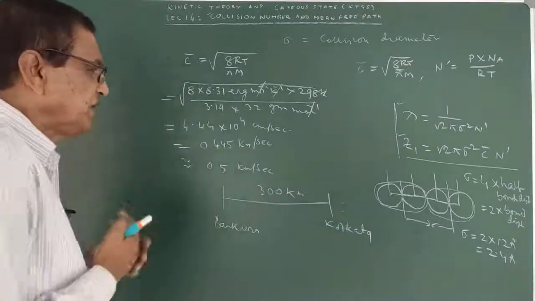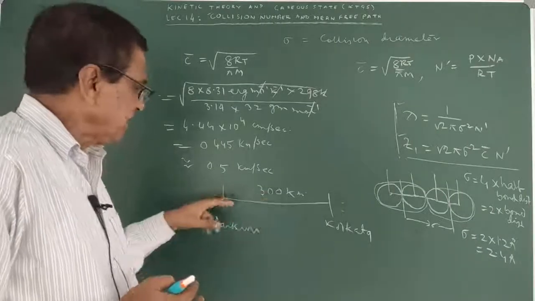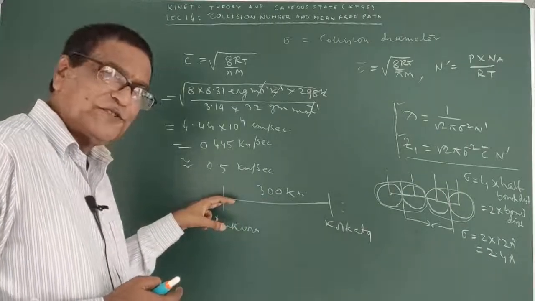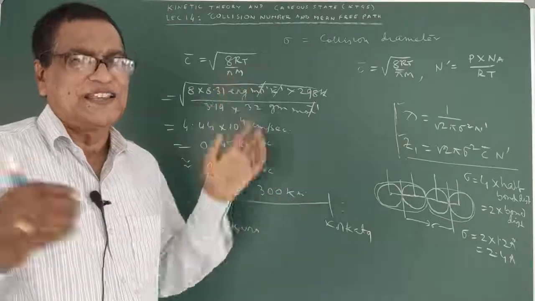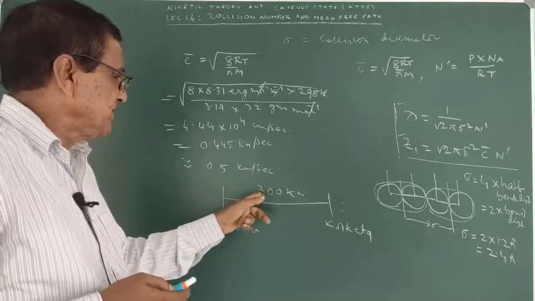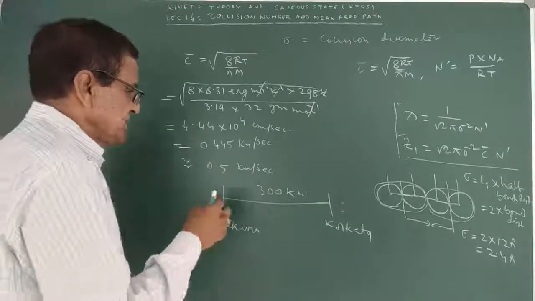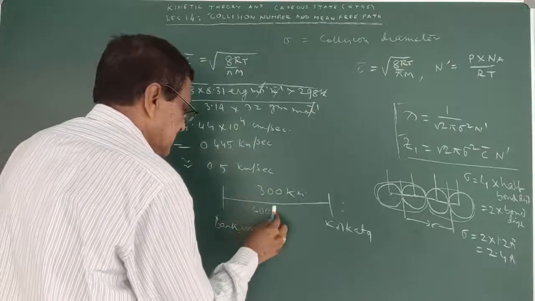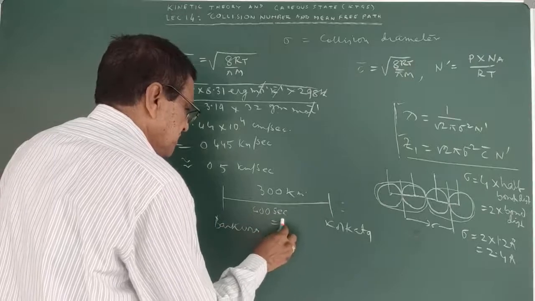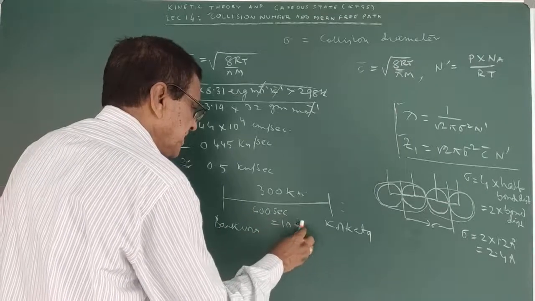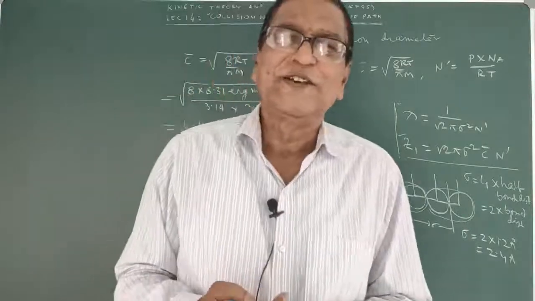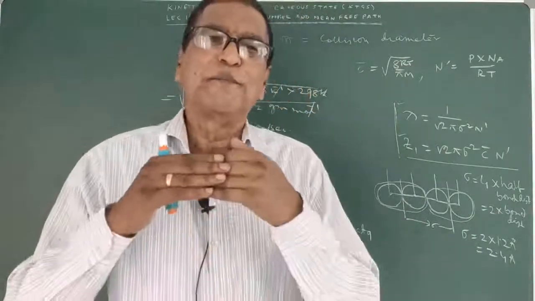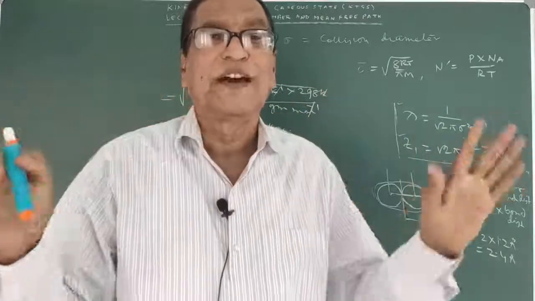So the time required for this oxygen molecule to go from Bankura to Kolkata is 600 seconds, meaning 10 minutes. Within 10 minutes the oxygen molecule could move from Bankura to Kolkata.